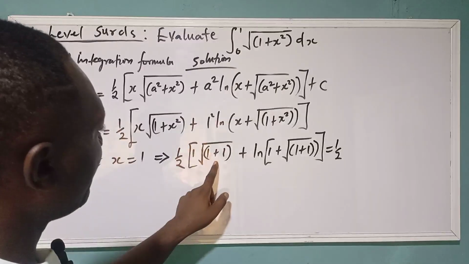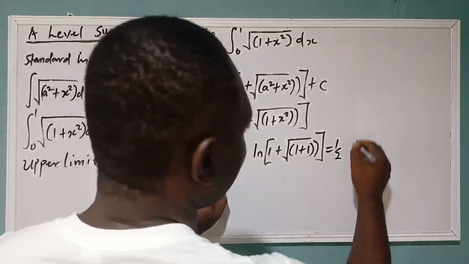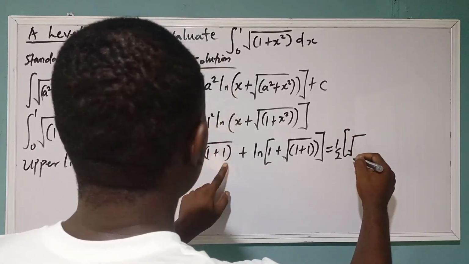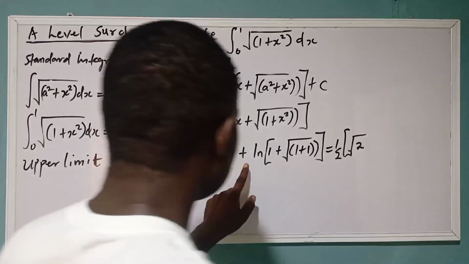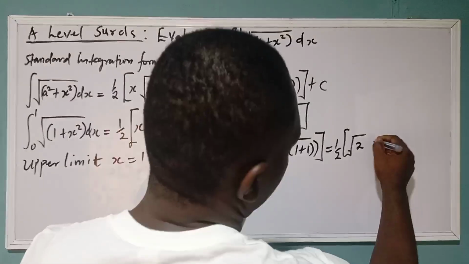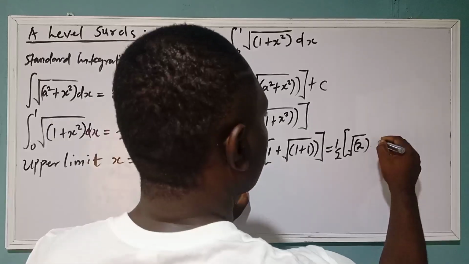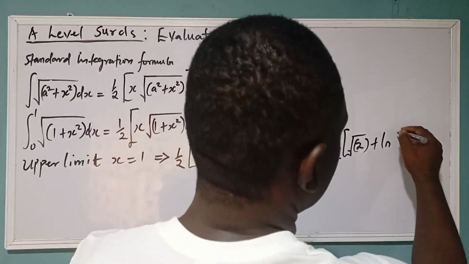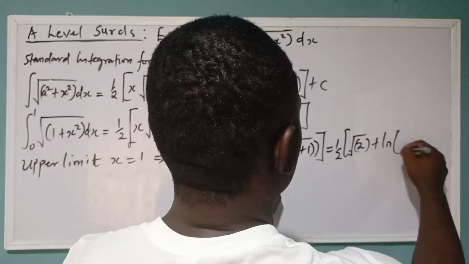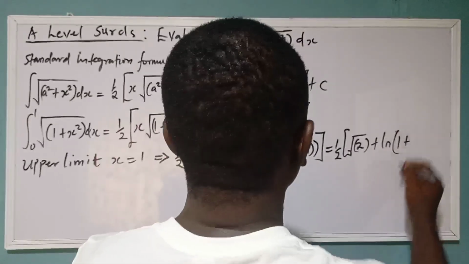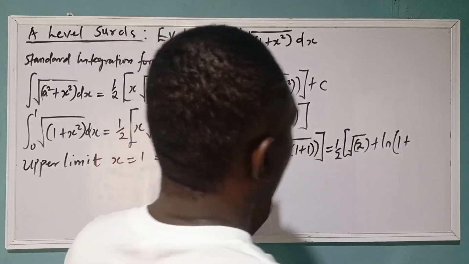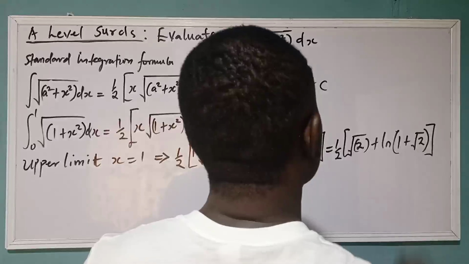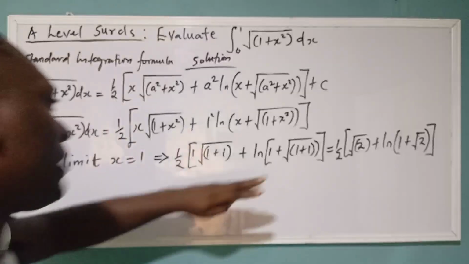Now 1 multiplied by this is still that very value. So we'll be having square root of 1 plus 1, 2. Then we have plus ln 1 plus 1, so we still have square root of 2. All right. So this is the conclusion for the upper limit.